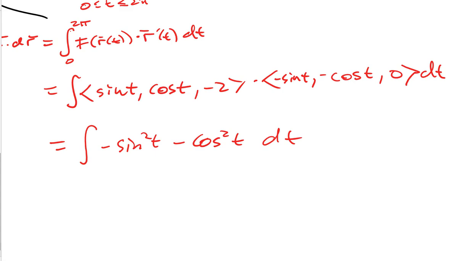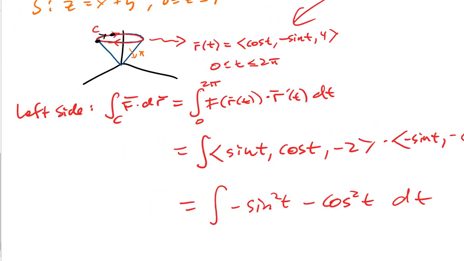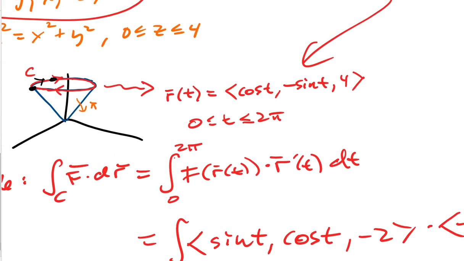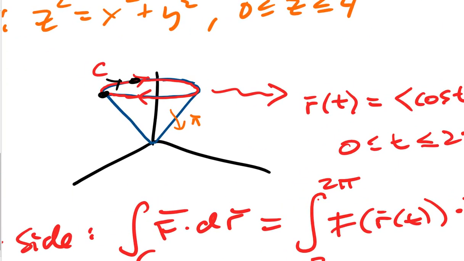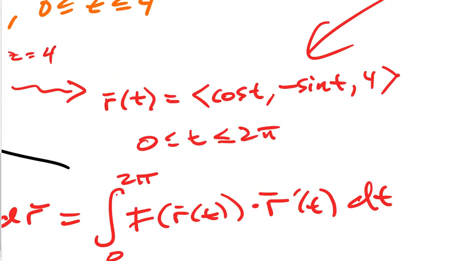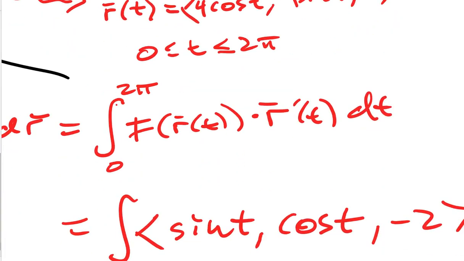All right. So, wait a minute. Time out. I just made one slight error. The radius of the circle is 4, because this is at z equals 4. So I need to put a 4 on these. It's just a small error. So 4 cos, and negative 4 sine.